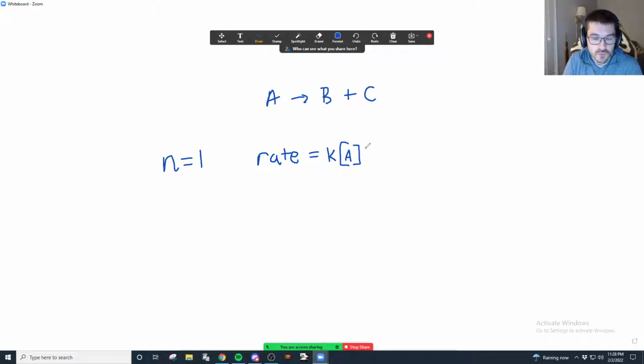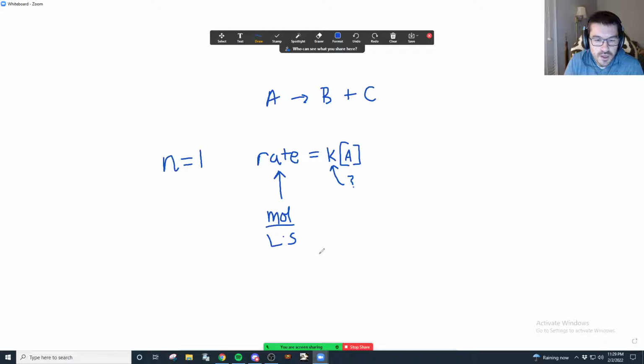This would be the rate law, because remember, n is this exponent, and if n equals 1, then this is it. So the question is, what are the units of k, the rate constant? Well, the units for the rate have to be moles per liter per second.